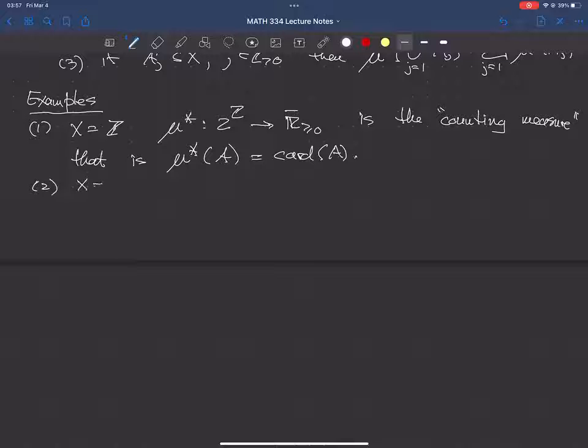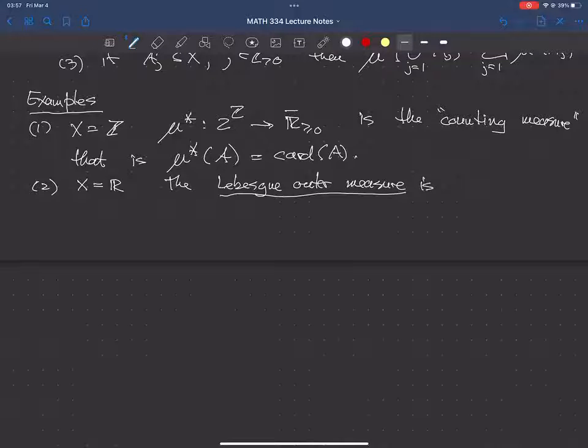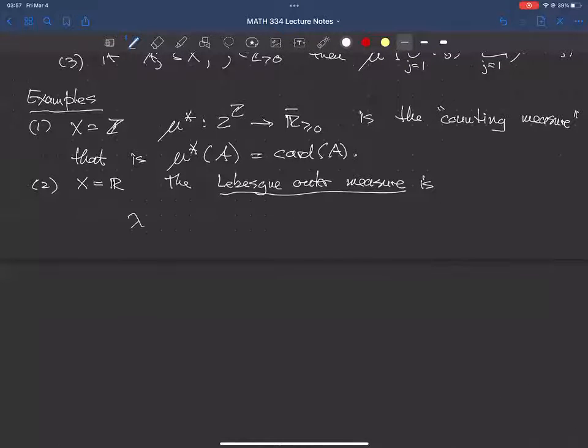And then there's the case we're interested in, and we're going to define what's called the Lebesgue outer measure. We're going to call it lambda star.